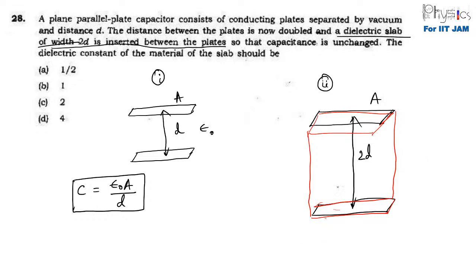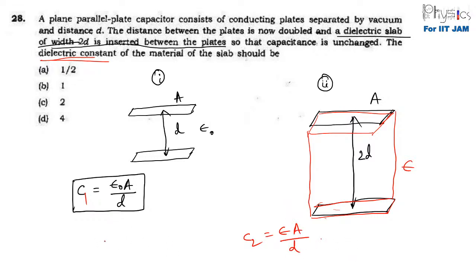That is, if the dielectric constant of the material is epsilon. Okay, so it would be C1, and it is C2, then epsilon A by d.